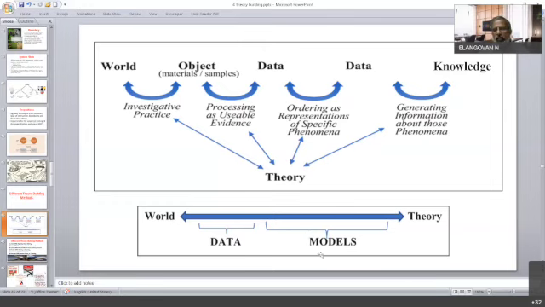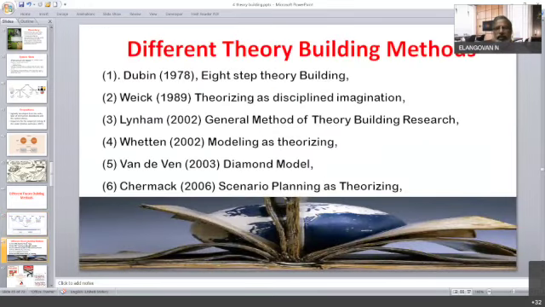The data and the model are the data and the relationships that make the theory. So that can be done in different ways. So here is a list of different methods of theory building. Each one of them tells that the theory can be developed in a different way.